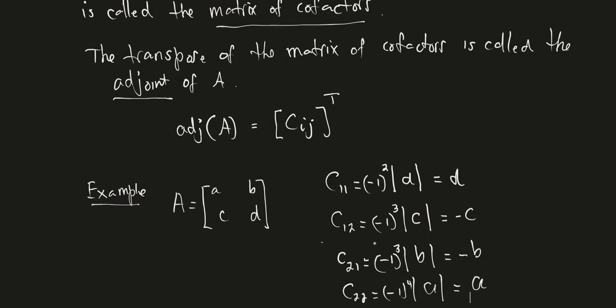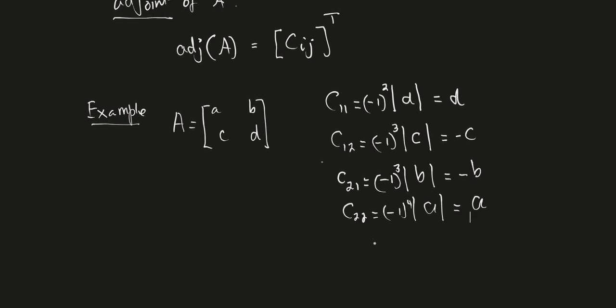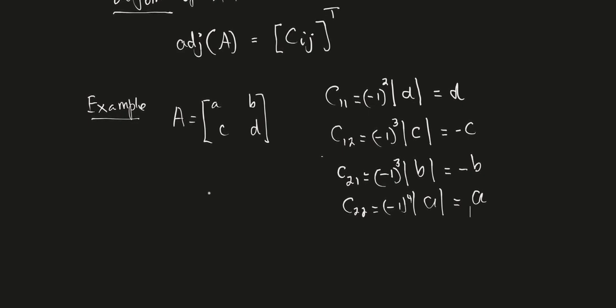All right. So let's write down now the matrix of cofactors. That doesn't really have a nice notation to it, so I'm just going to write down the matrix of cofactors for this 2 by 2, where you simply replace each entry with its cofactor.